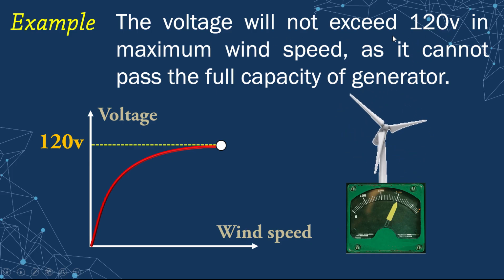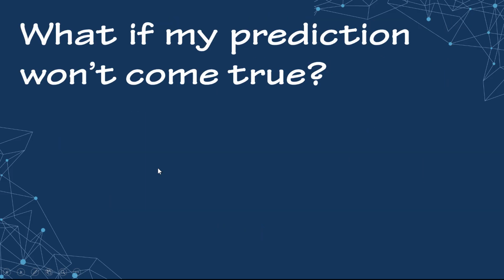So the voltage will not exceed 120 volts in maximum wind speed, as it cannot pass the full capacity of the generator. This is a maximum in your prediction, and you know that you won't pass 120 volts. So in your prediction, you predict that, okay, it's nonlinear like that, but you will have also a maximum. Yes, you can produce a rough graph like this as your estimated graph or the future graph you may see.